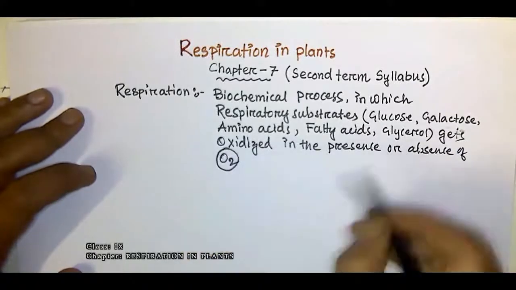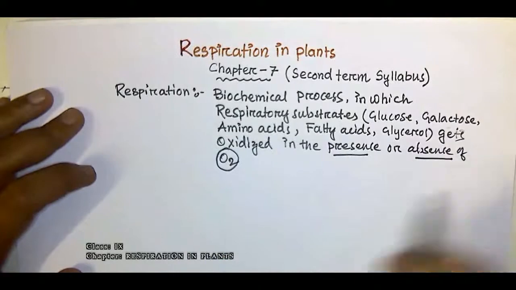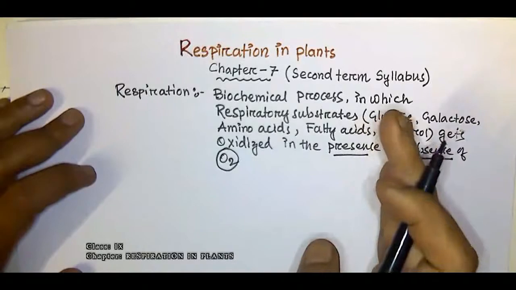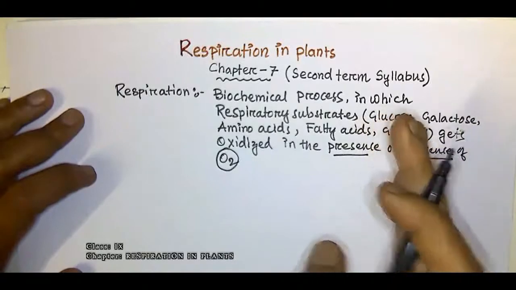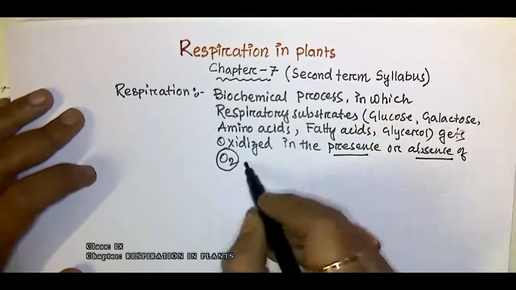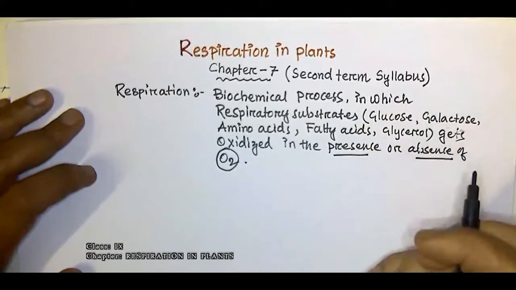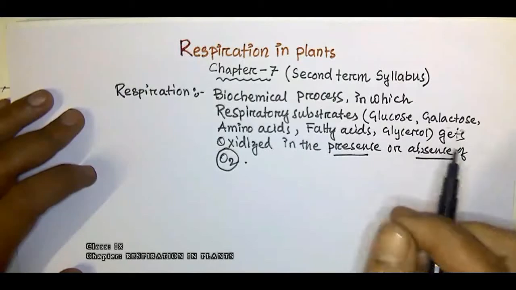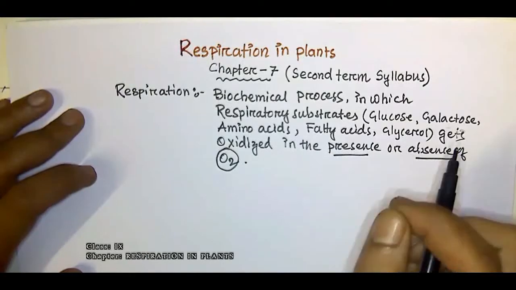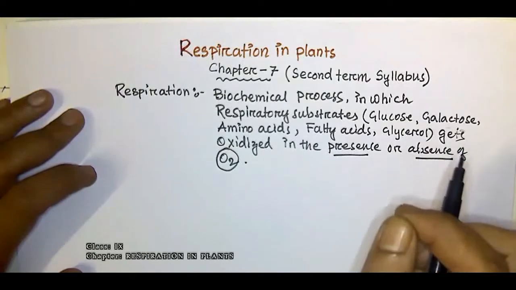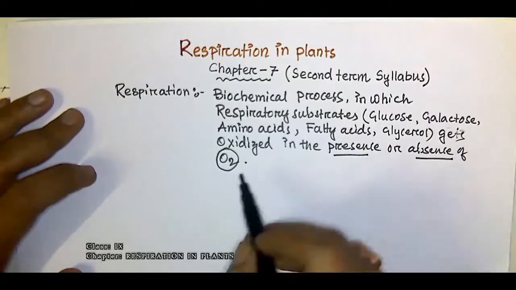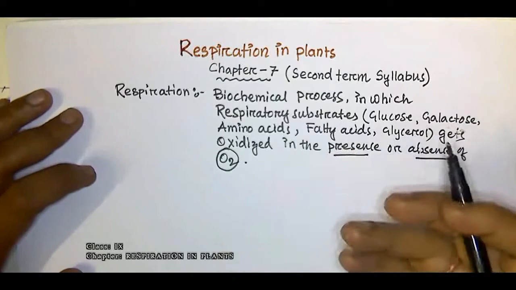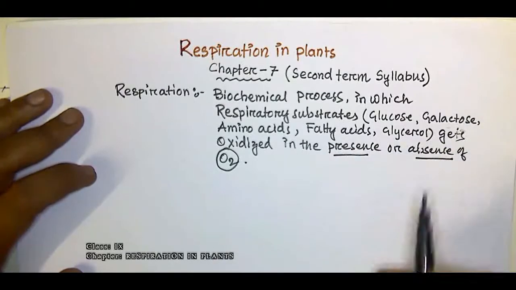When I say these two words, presence and absence, you need to understand oxidation can occur even if oxygen is absent. From the knowledge of chemistry, if hydrogen is removed from any chemical compound, that is also considered as oxidation. So addition of oxygen is also oxidation, and removal of hydrogen is also oxidation.